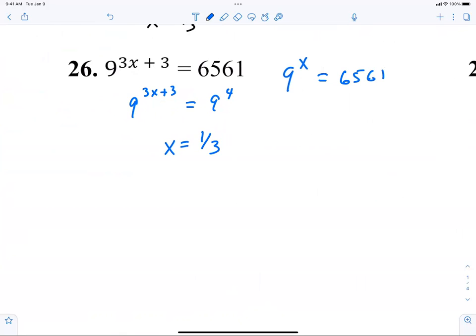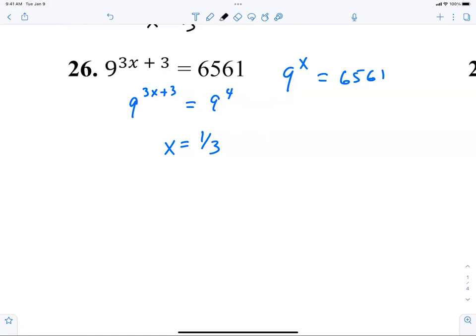You don't type in 3x plus 3. You hear me now? So type in 9 to the x, and then tell me which one is 6561. Four. There you go.